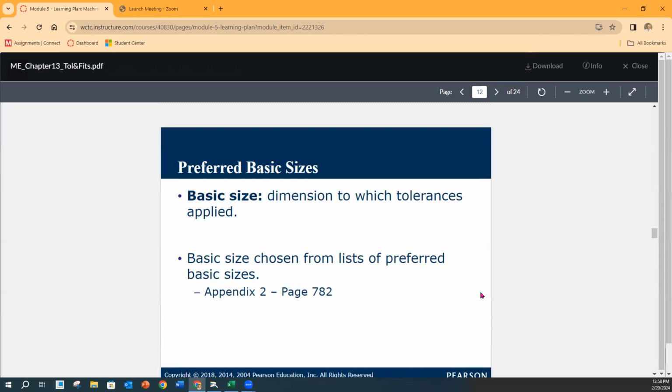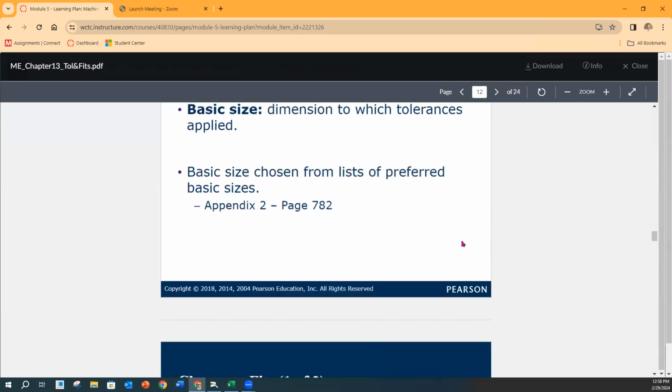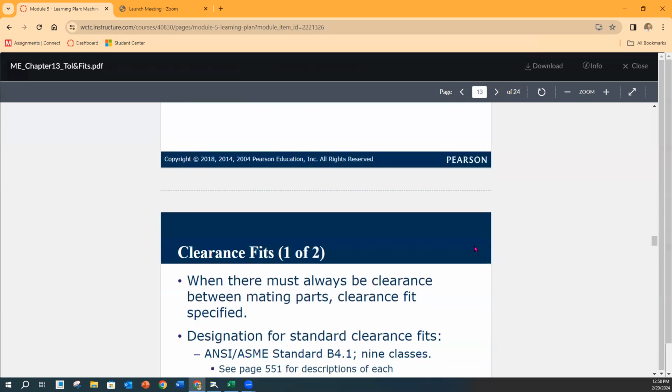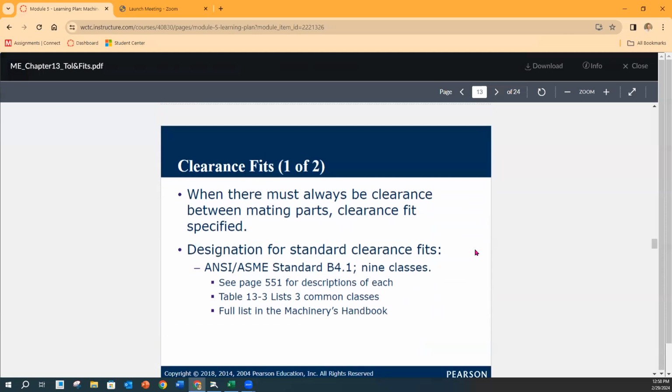So in English units, most all of our drill sizes, our bore sizes are going to be made using the English increments. Same thing with metric. If you're going to be making something that's metric, it's going to be on those metric basic size increments. So adopting those and knowing those is really important. And then having a list referring back to those is there for you.